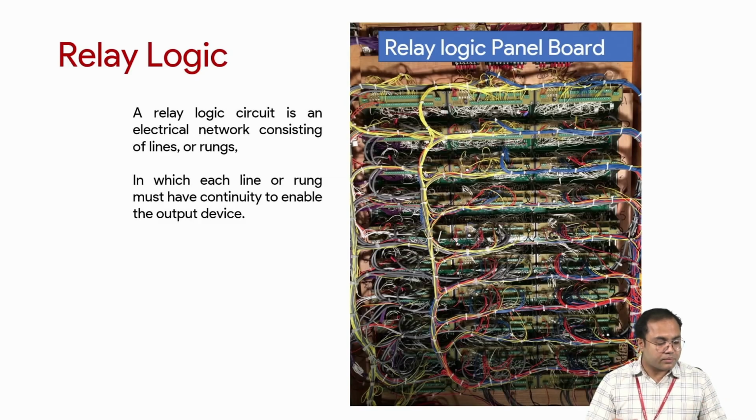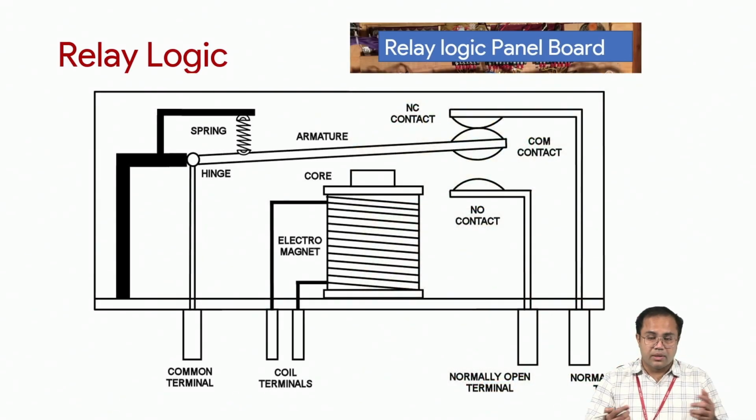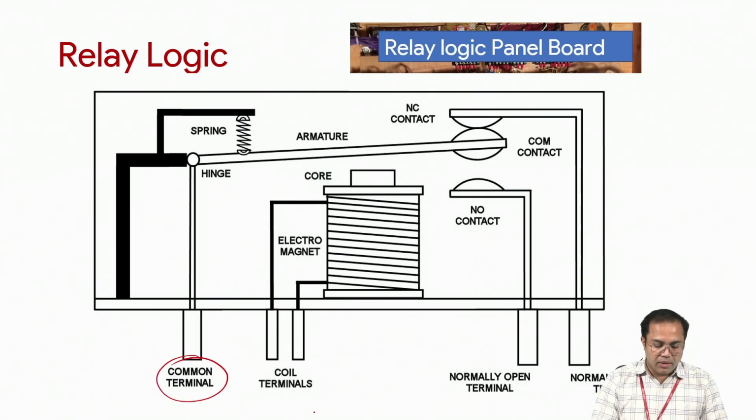Now, when you look at the relay operation, it basically consists of 5 terminals: one is a common terminal, then the coil terminals, and normally open and normally closed. How can we understand this?